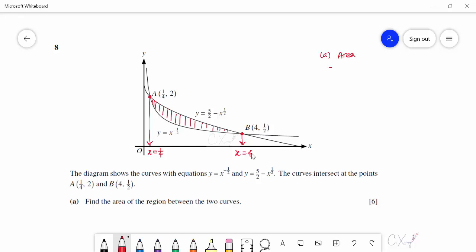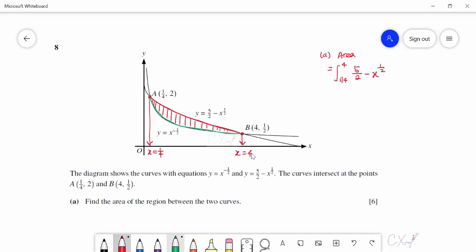It will be actually equals to, we need to integrate from 1/4 until the limit 4. And what is the function on top? This is the function on top, where it will be 5/2 minus x power half. And then we need to minus the area covered by the bottom curve.